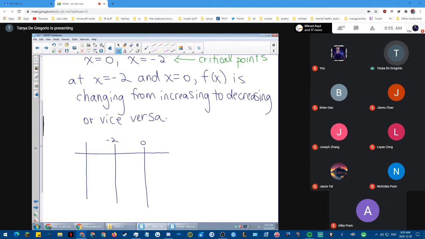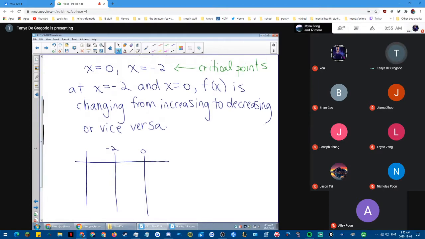And then what I want are my factors, because I want to find out what's happening to the left and to the right of this critical point. So those are my factors.